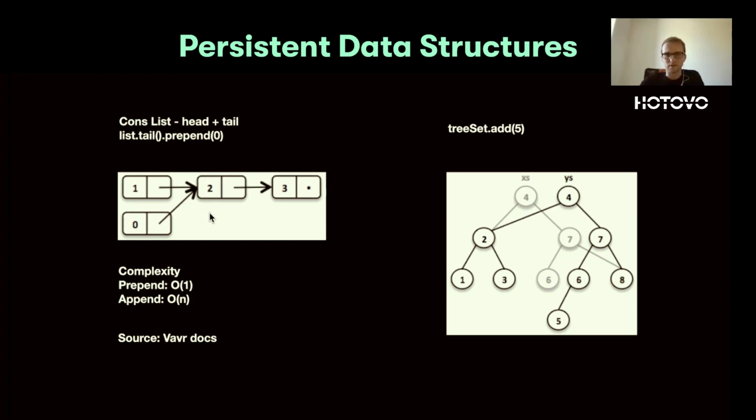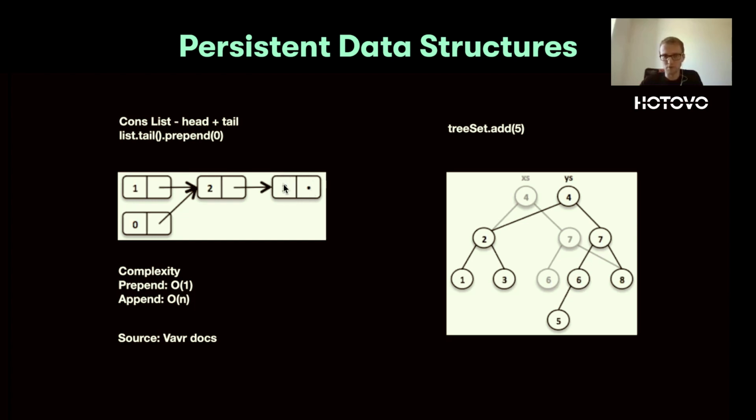Now this has some implications, as the implementation of each operation has its own complexity. So this prepend operation is constant time. I would just add a new element and add a reference here. But if I wanted to append something to the end of this list, I would create a new list here, and I would need to change this element.